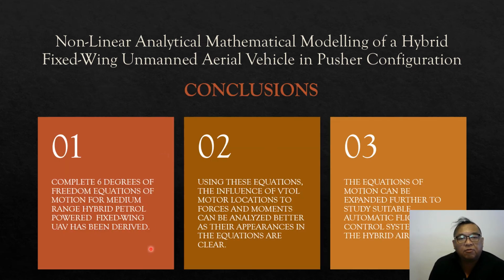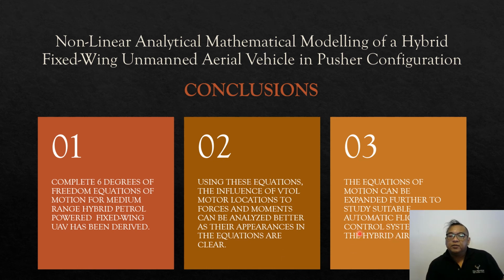So to conclude, we have completed the derivation of 6 degrees of freedom equations of motion for this range of hybrid unmanned aerial vehicle. Using these equations, the influence of VTOL motor locations to forces and moments can be analyzed much better. And they really appear in the equations.